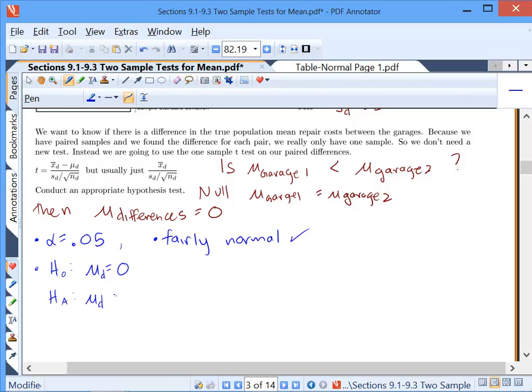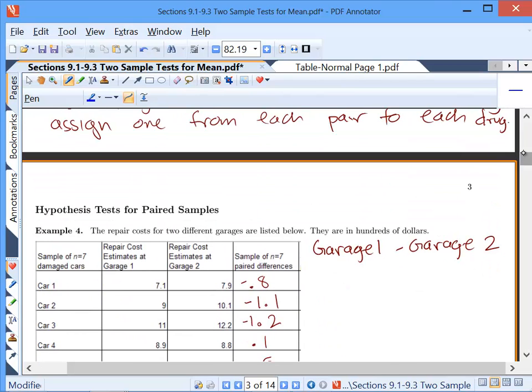So we wanted to know if garage 1 is cheaper than garage 2. I didn't say it at the top, so let me just write it down. Is garage 1 cheaper than garage 2? That was the question we wanted.